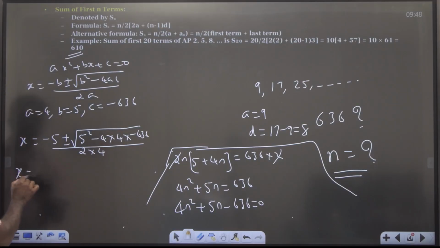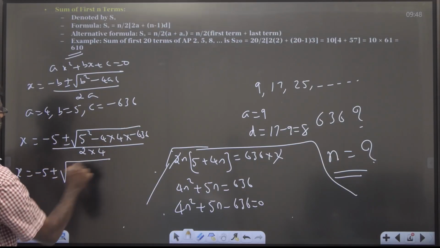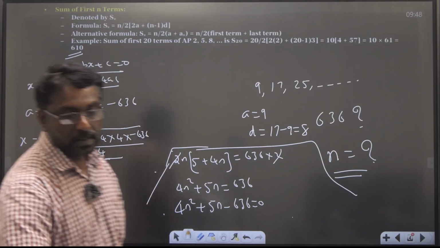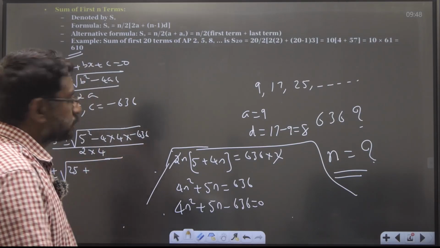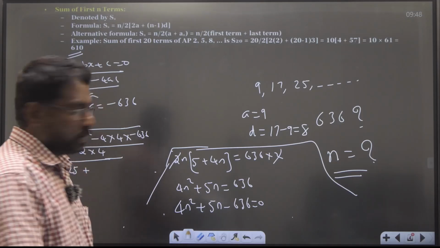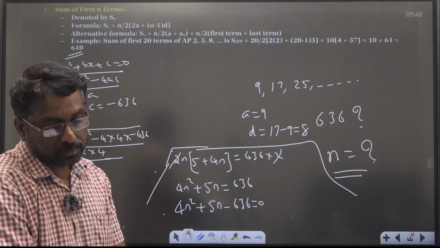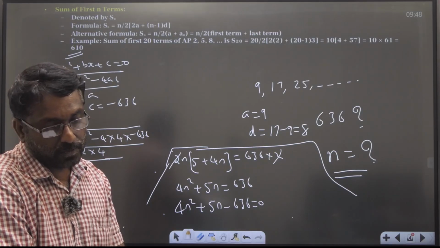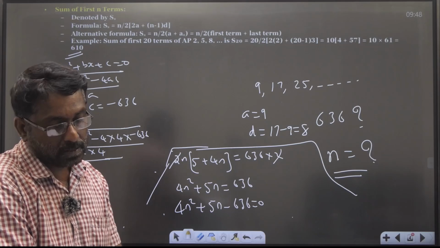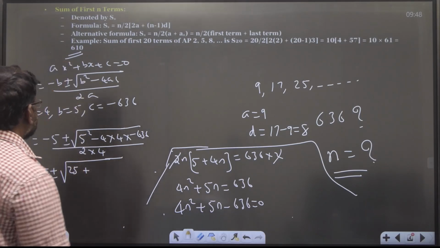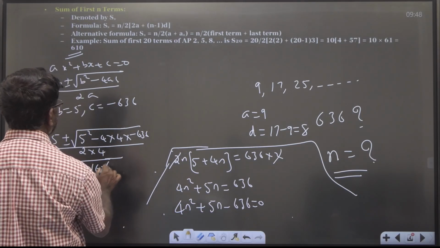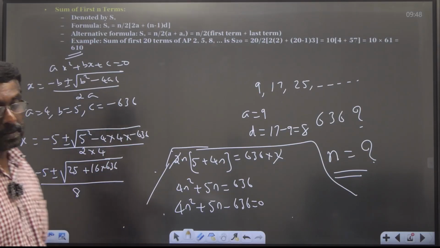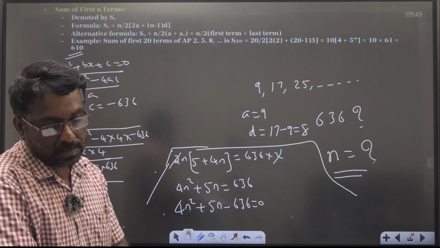That is x is equal to minus 5 plus or minus root of 25 minus minus plus, 636 into 4 into 4. That is 25 plus 16 into 636, by 2 into 4, that is 8.